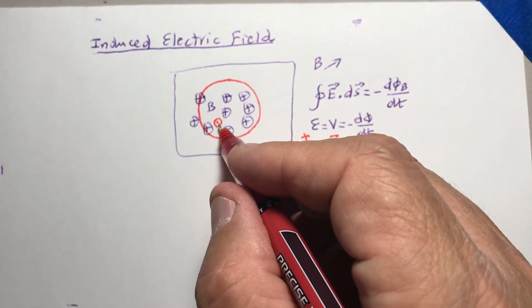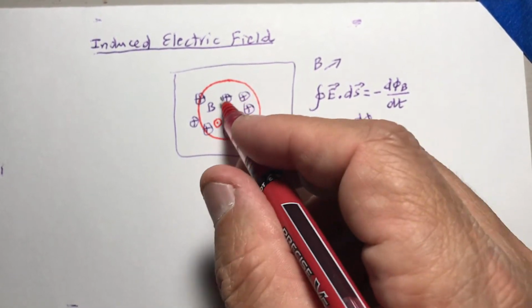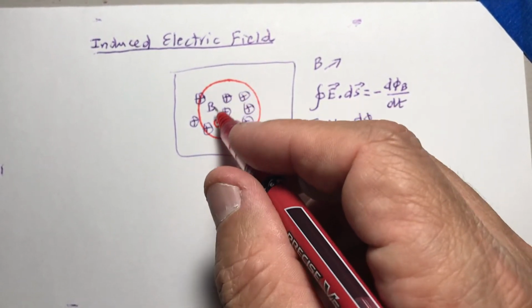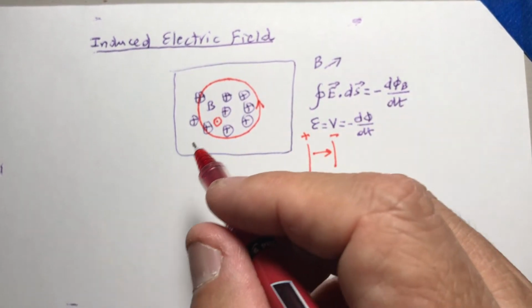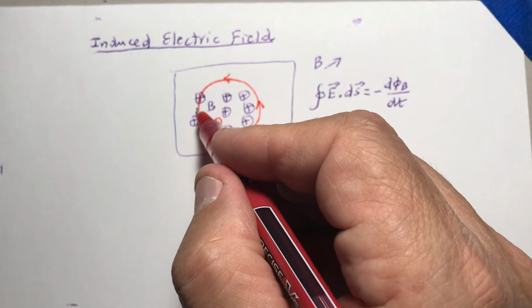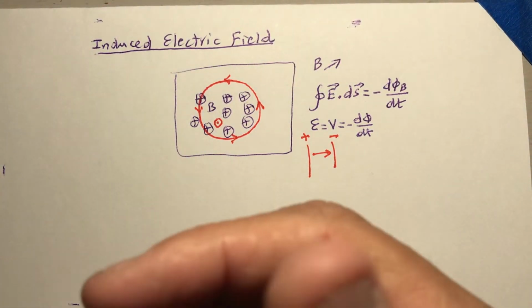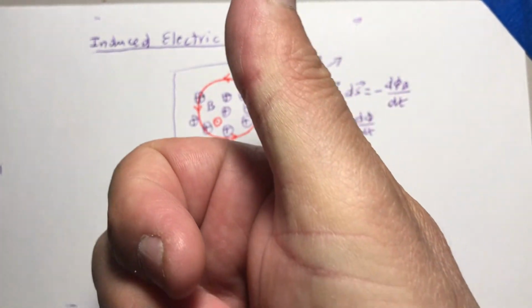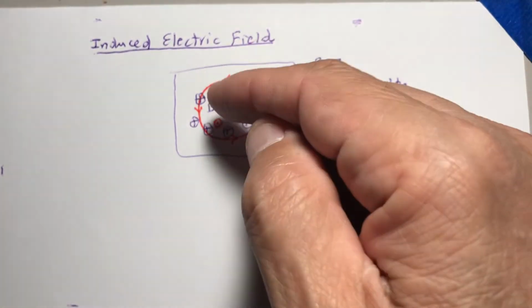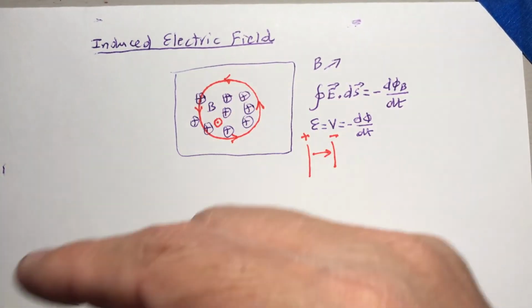The current that's going to generate a magnetic field that's going to oppose this blue magnetic field has to go in this direction, like that. Now why? We use this Lenz's law. So I grab the wire, use my thumb, and look at my fingers here in the middle, they're coming out. So the current has to go this way.